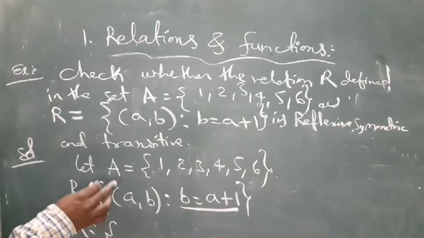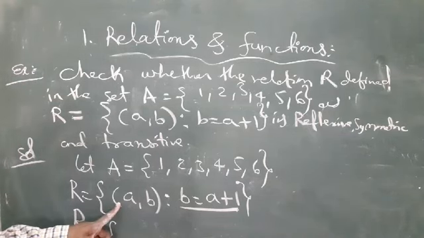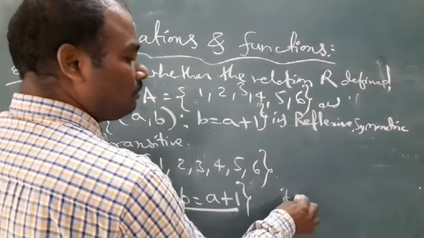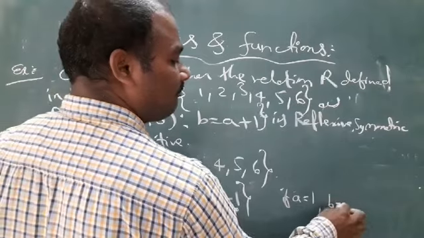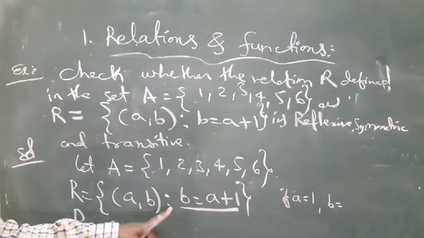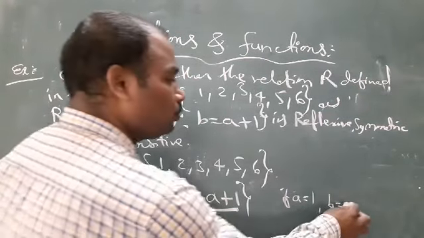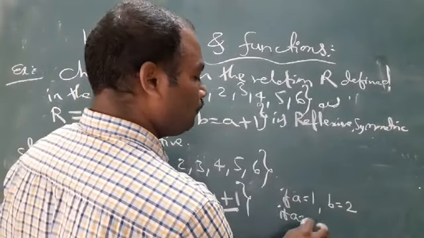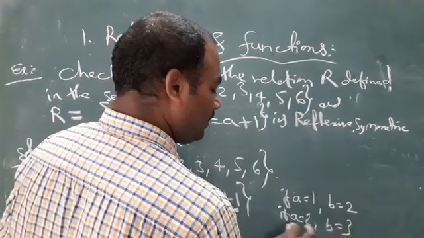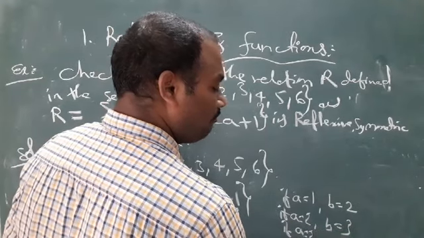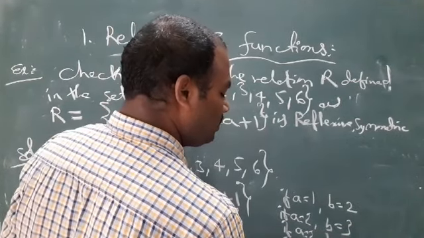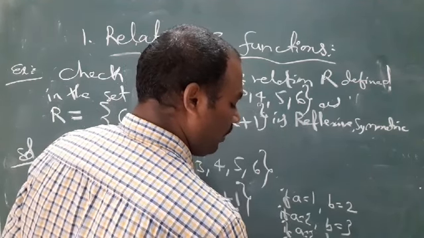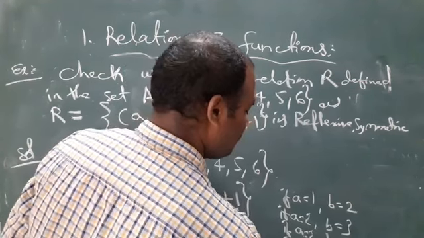First of all, take the value 1. If a = 1, what is b? 2, yes, 1 plus 1 is 2. If a = 2, b is 3. If a = 3, b is 4. If a = 4, b is 5. If a = 5, b is 6.